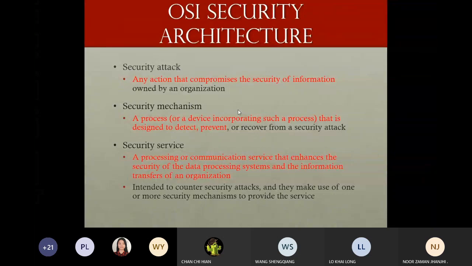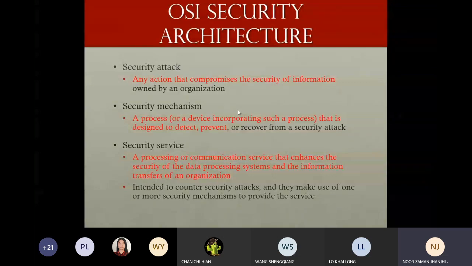Now, the security architecture as per the OSI. I hope you know what the OSI is. So a security attack means any action that compromises the security of information owned by the organization.